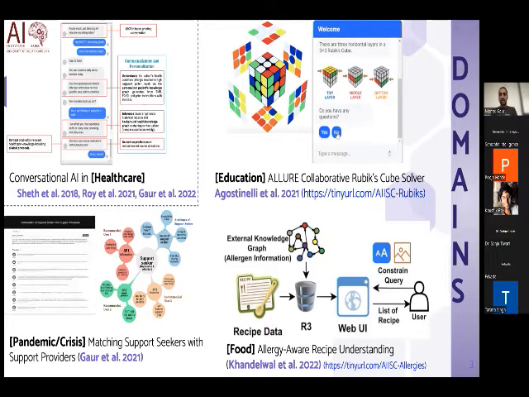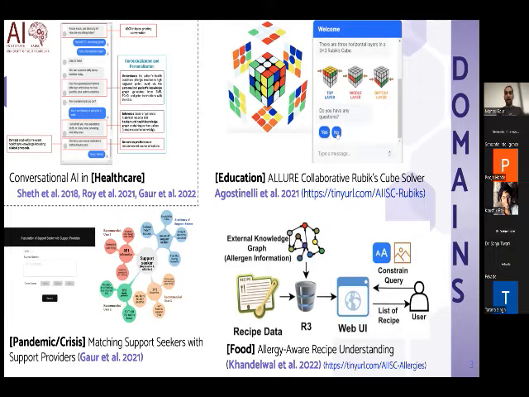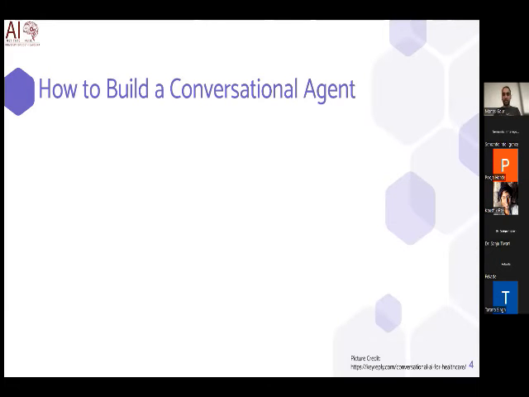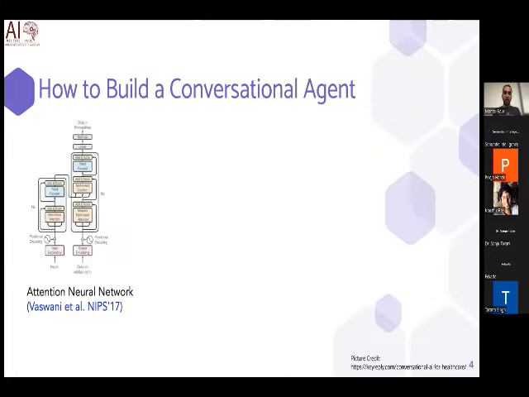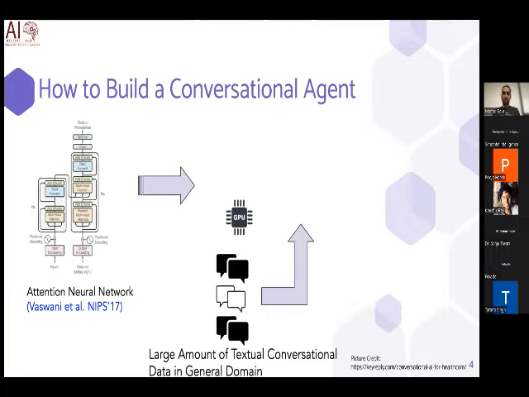So let's start from the very basics of how we build a conversational system, or a conversational agent. Essentially, you take off-the-shelf state-of-the-art natural language understanding models, which as of now are transformer models, and you provide them a series of data sets, which are large amounts of textual data, and you do weeks of training on such data sets.